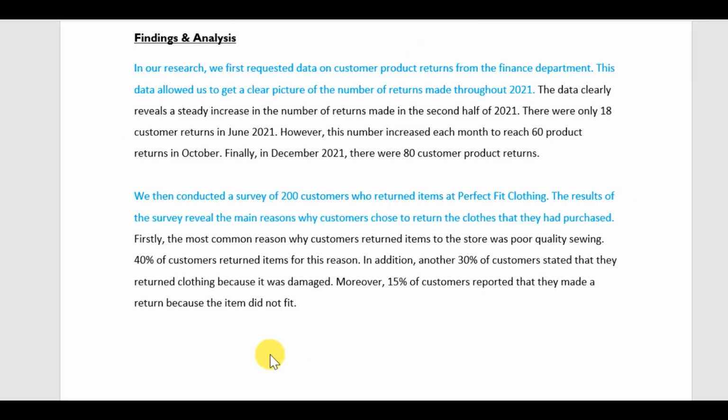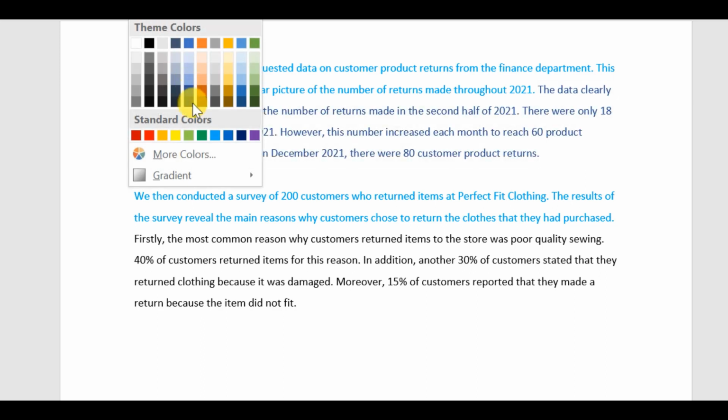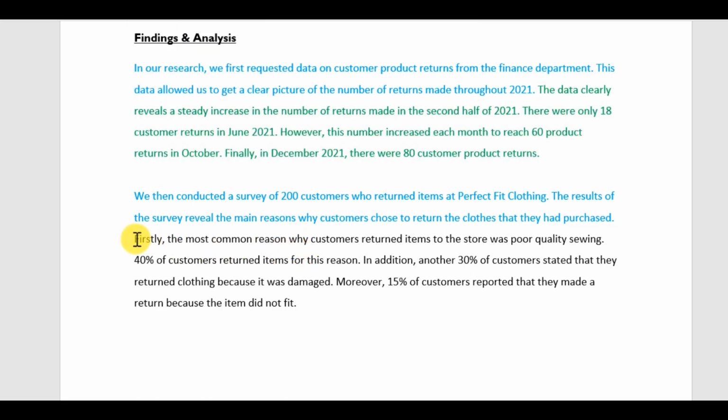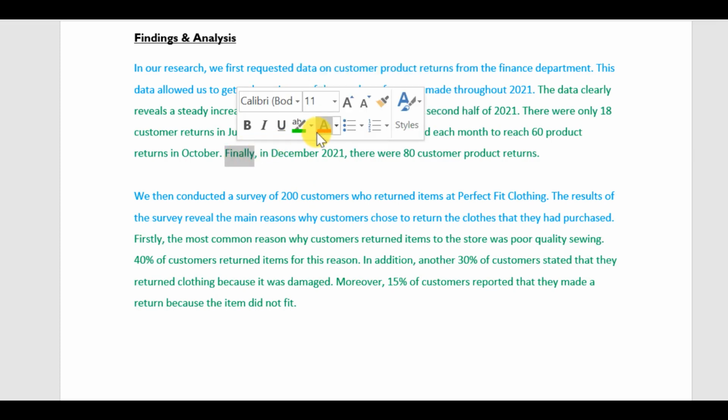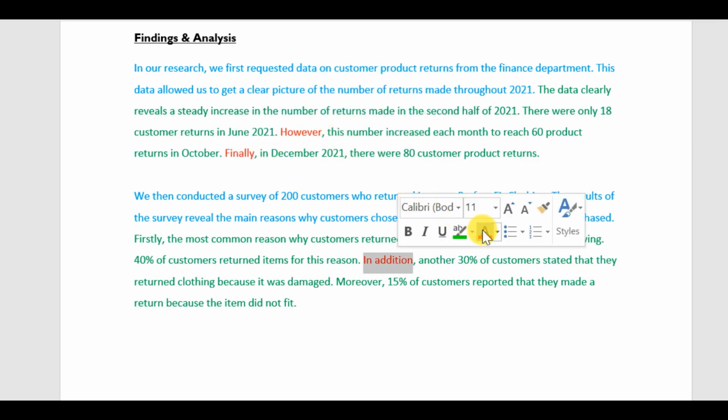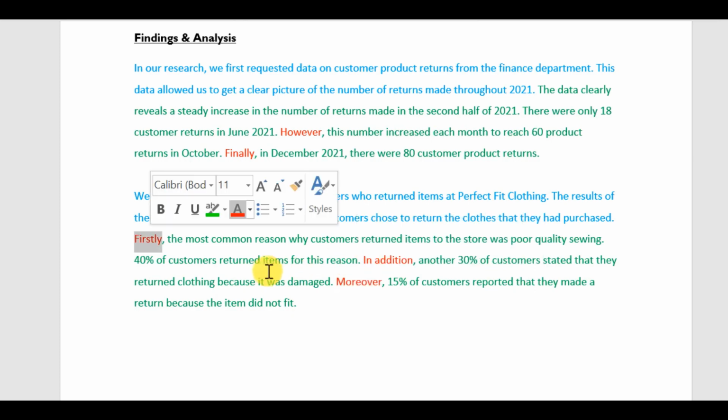And then, what were the key findings of that research? Well, the next sentences introduce those key findings. Let's put those into green. But don't forget, we have also used transitional devices and linking words. We've got however, finally, in addition, moreover, and firstly.